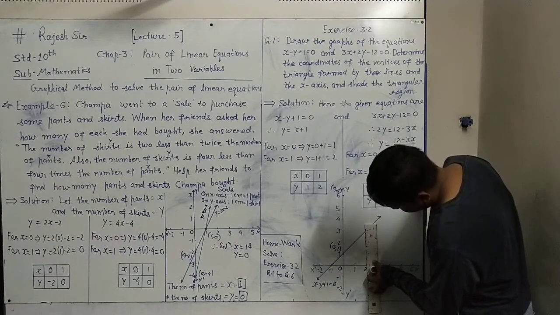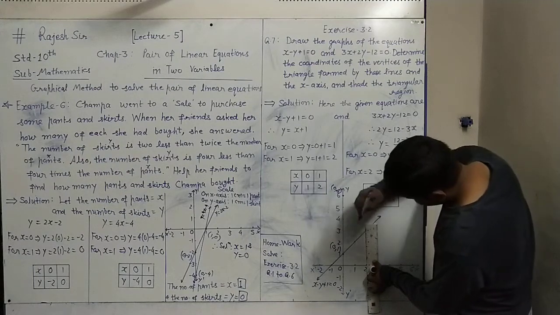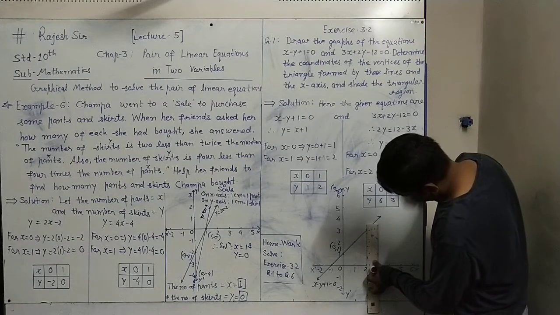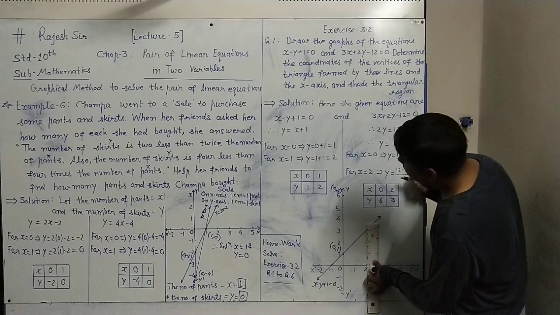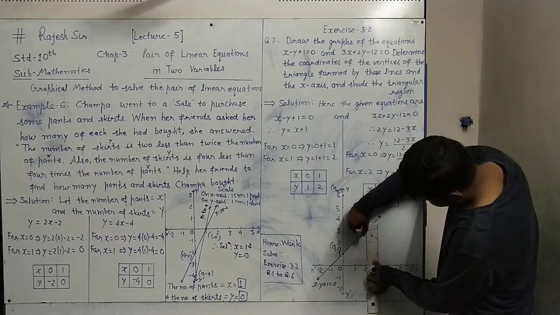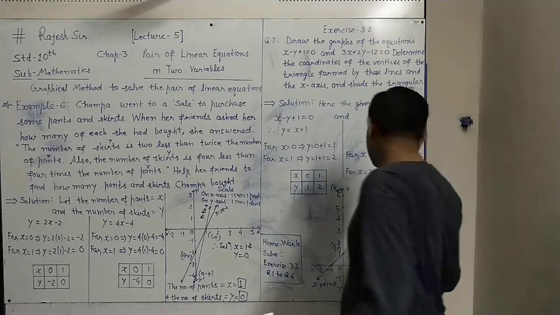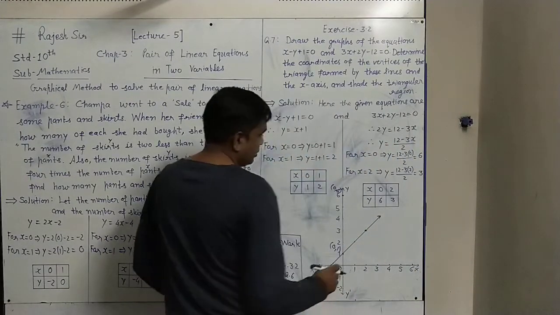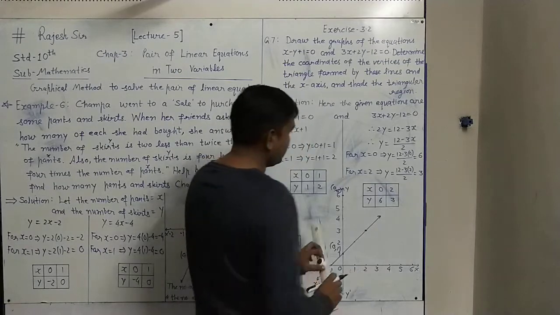(2, 3). This line comes. This point comes (2, 3). So join these two points now, (0, 6) and (2, 3).